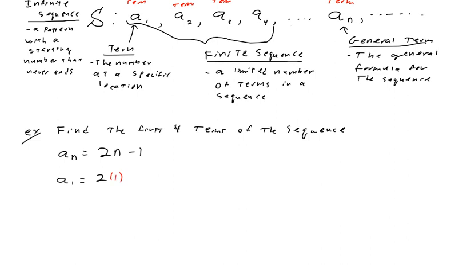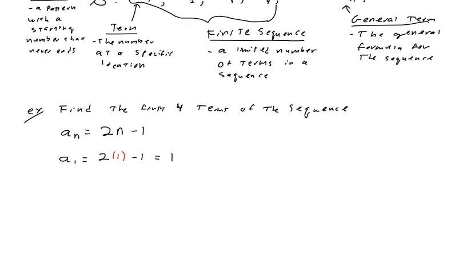So I'm going to use the number 1 in the n here. A1 is 2 times 1 minus 1. So that's my pattern. I'm using my first term, so I plug in the 1. So 2 times 1 is 2. 2 minus 1 is 1. And then I do the same for the second one.